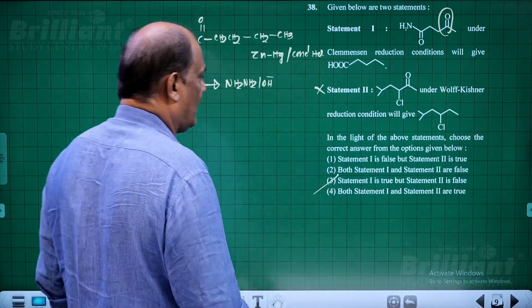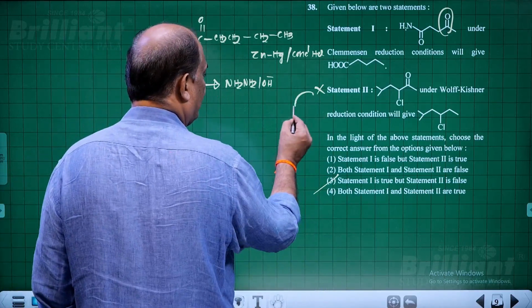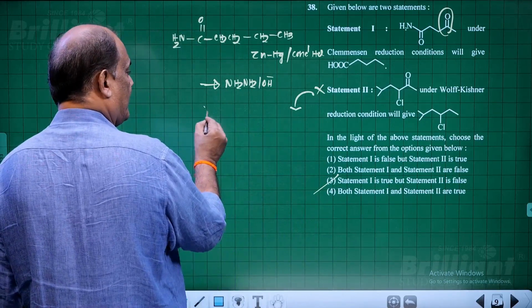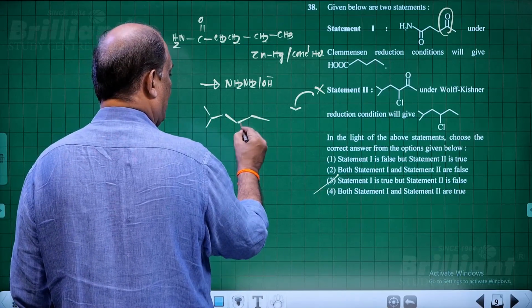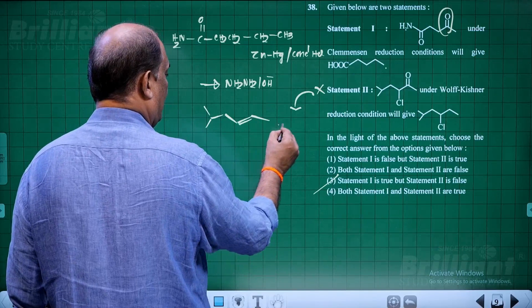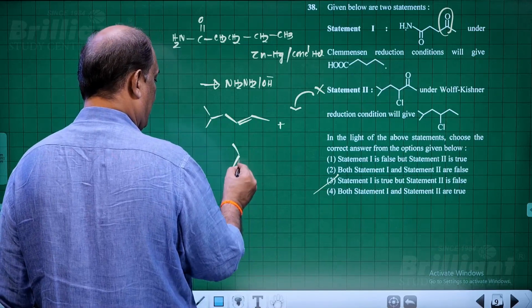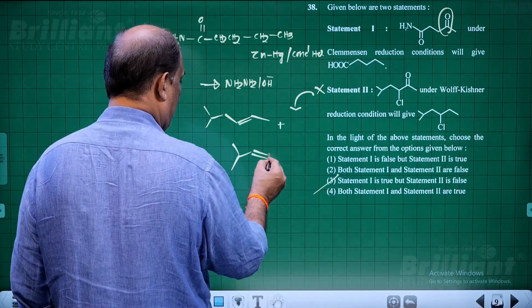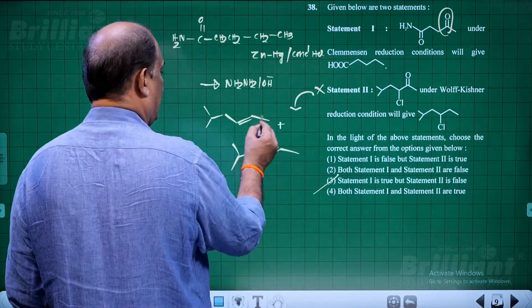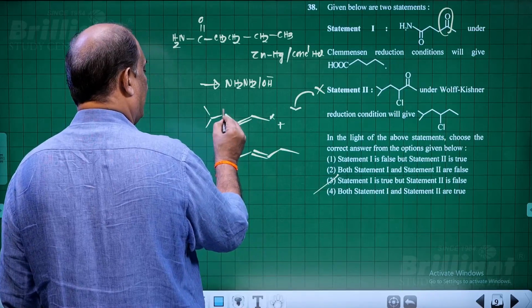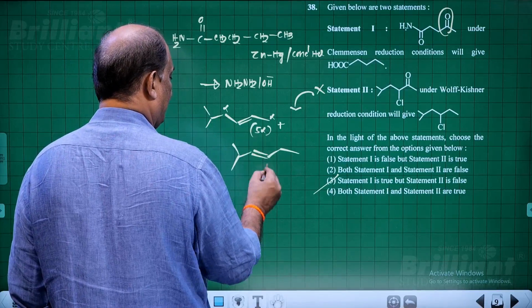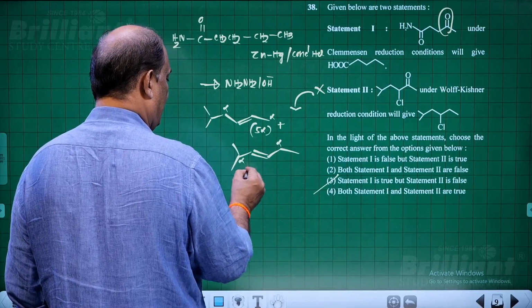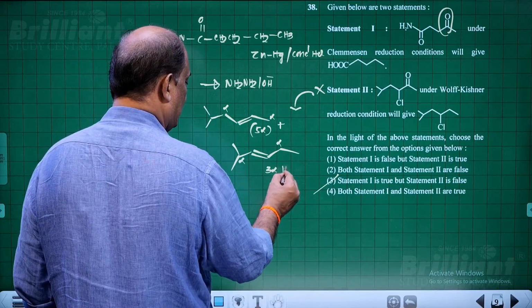Third one, because this is going to give... but here, 5 alpha hydrogens are there, and there only 3 alpha hydrogens.